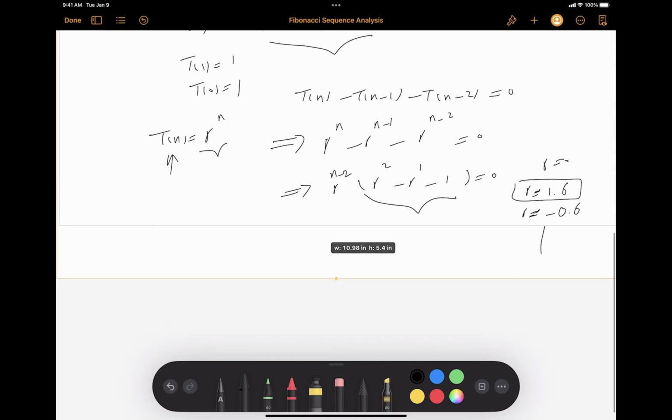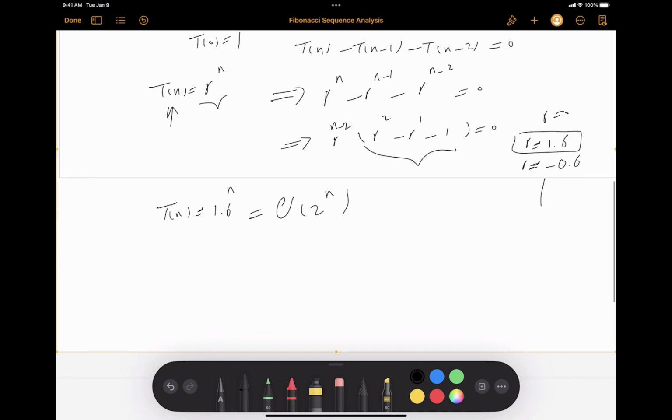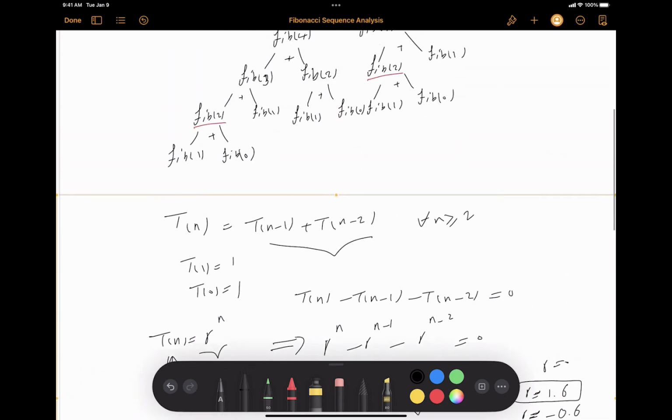So in general we can conclude that T(n) is almost equal to 1.6 to the power n, and as we know, 1.6 to the power n is in the big O of 2 to the power n, which is an exponential time complexity. Or we can even use big O of 1.6 to the power n as the more accurate time complexity for this version of the Fibonacci.